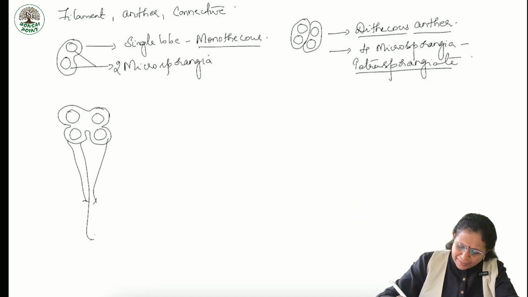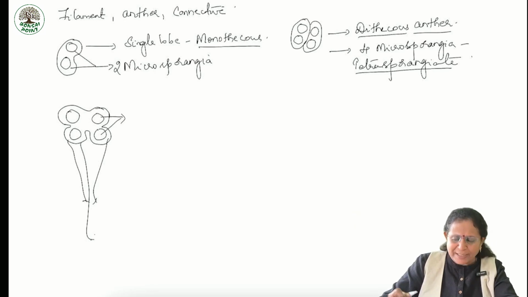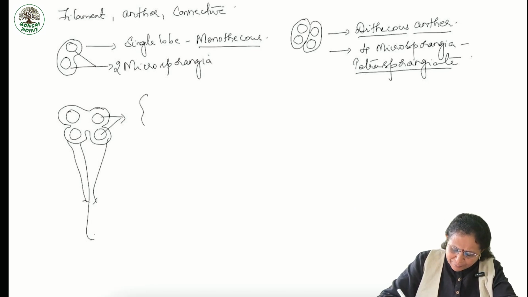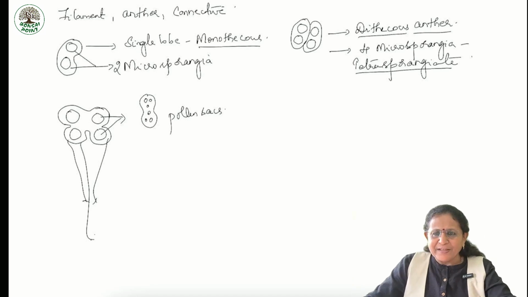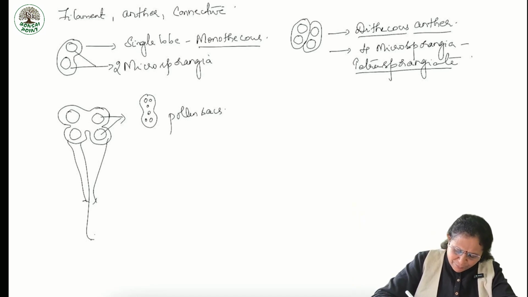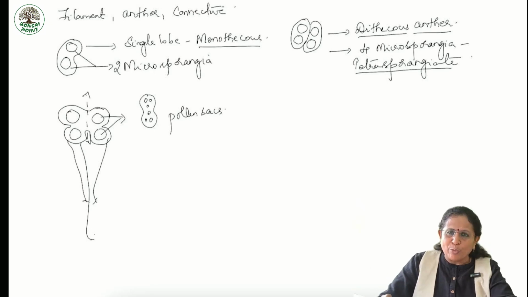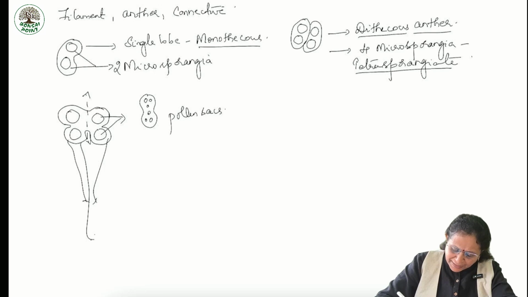Please remember, these microsporangia later at maturity join to form pollen sacs. After the formation of pollen grains, they join to form pollen sacs. That is, in each lobe there are two, so two of them join to form a pollen sac. One pollen sac here, one pollen sac there. Thereby, totally, we say it is two pollen sacs.